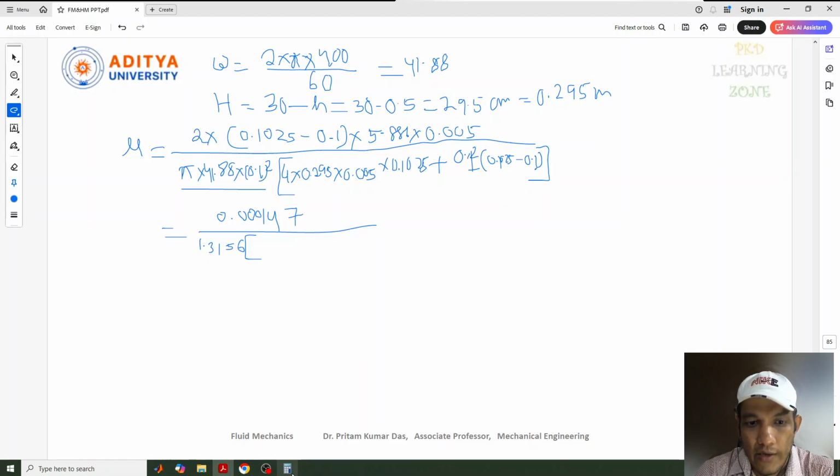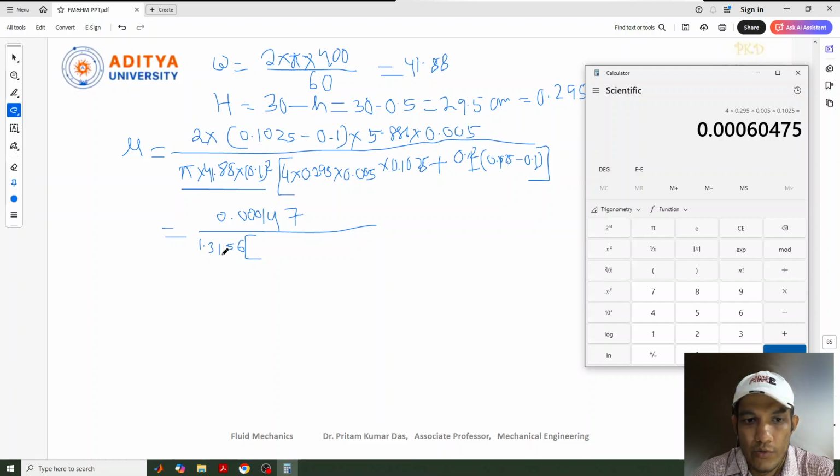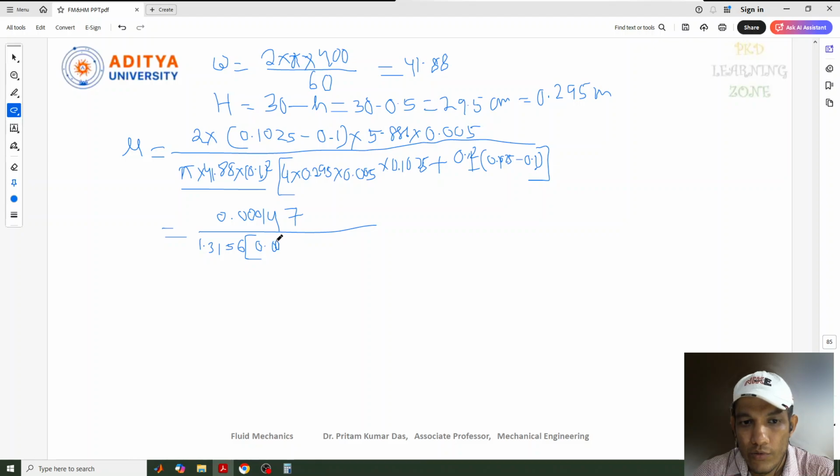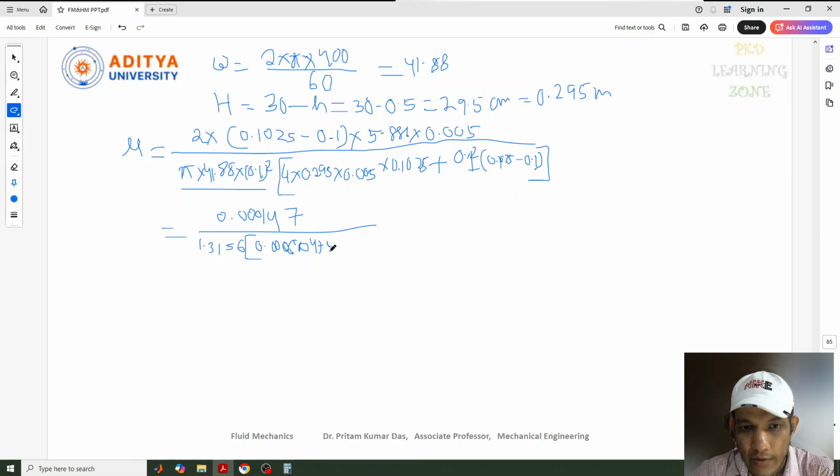Then the bracket: 4 into 0.295 into 0.005 into 0.1025, which is 0.00060475, plus, again we'll solve this one.